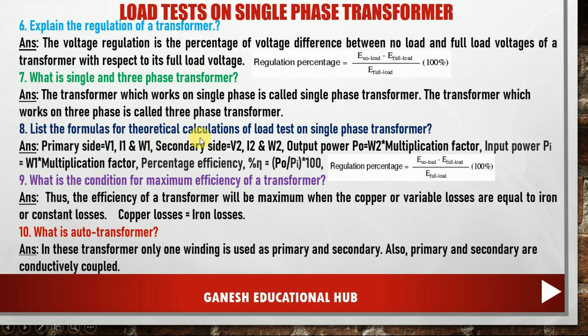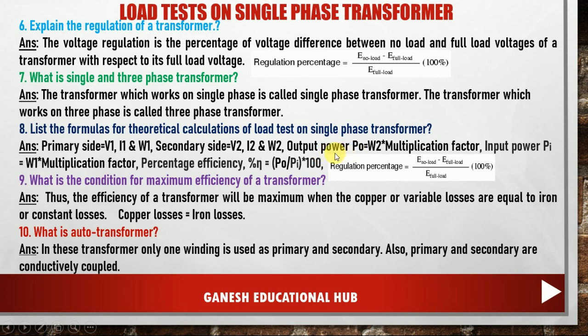List the formulas for theoretical calculation of a load test on single-phase transformer. See here, there are a number of formulas to find the theoretical calculation. First, we have to find the primary side voltage, current, and power V1, I1, W1, and secondary side V2, I2, and W2, the voltage, current, and power on the secondary side.